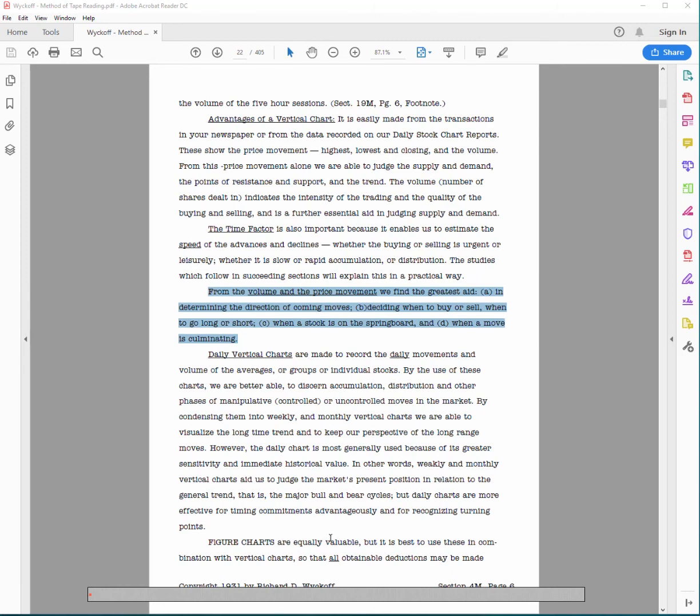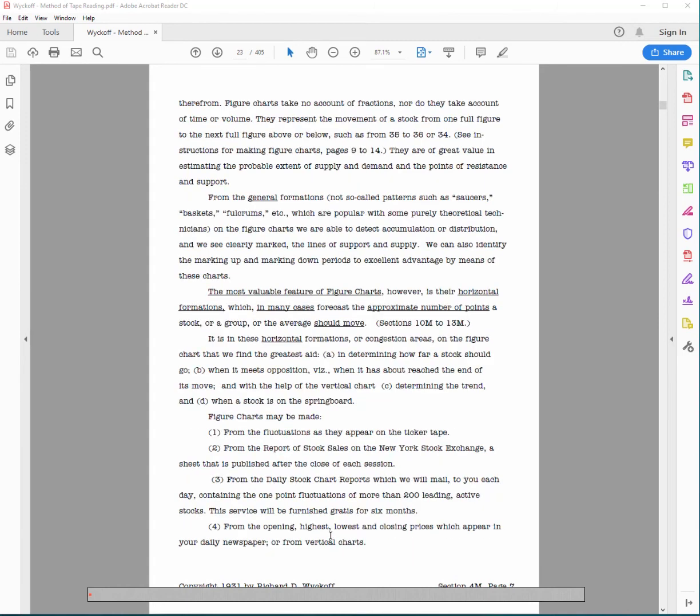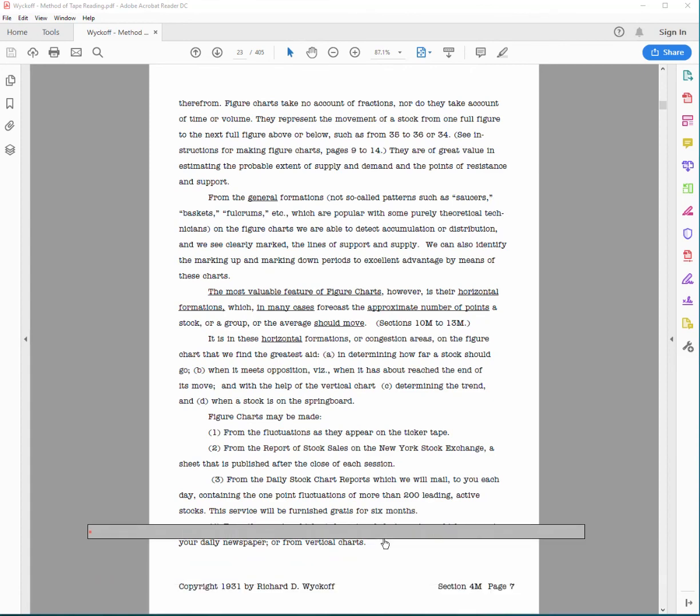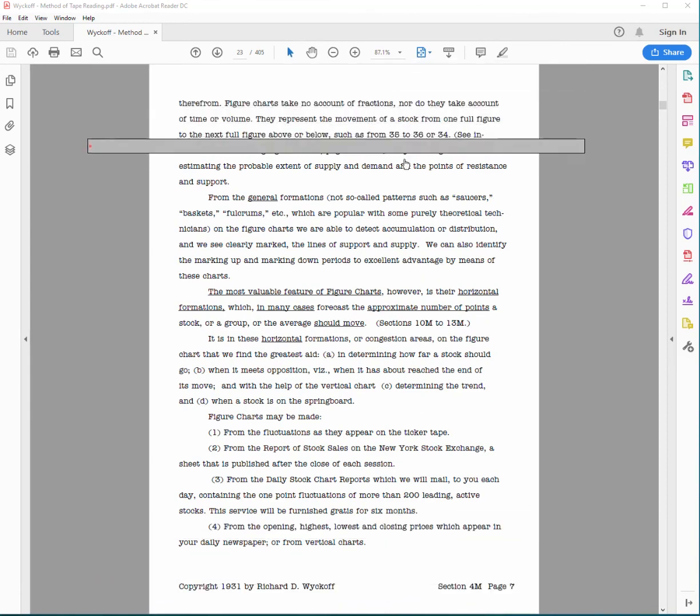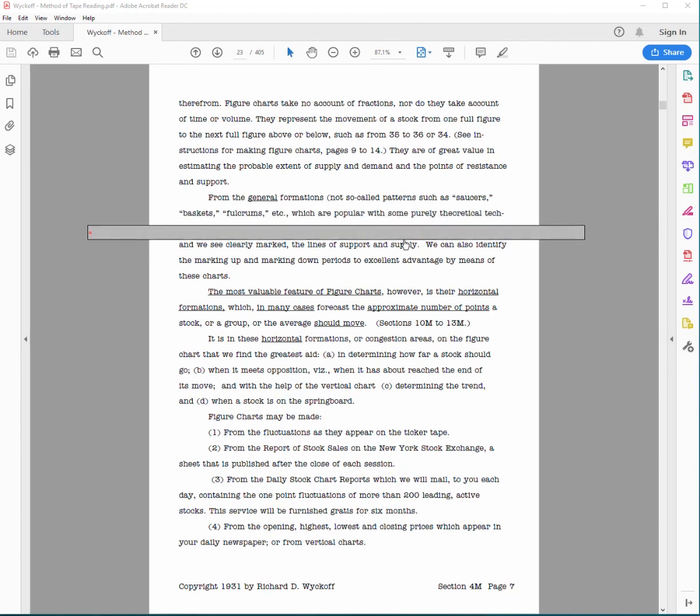Let's take a look at the figure chart. What is it for? You use the general formations. Actually, this is not the general formation you want. You want bases.